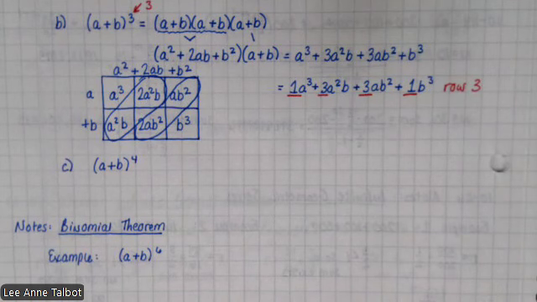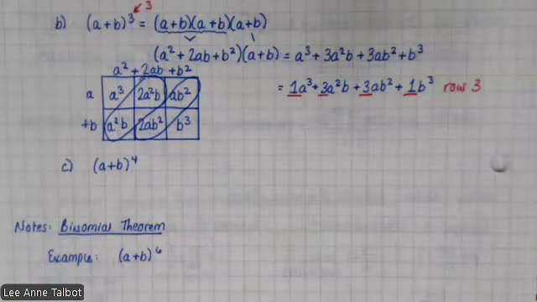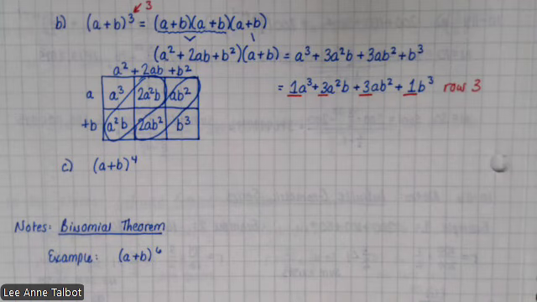Okay, so my goal is, let me tell you what the actual objective is here, if that's helpful. My goal for you is to be able to multiply out a binomial with an exponent on it without a box. That's what we're gonna do in C and in the note. Because once you get to the fourth power, the fourth power is kind of where I draw the line. I'm not doing boxes after that.